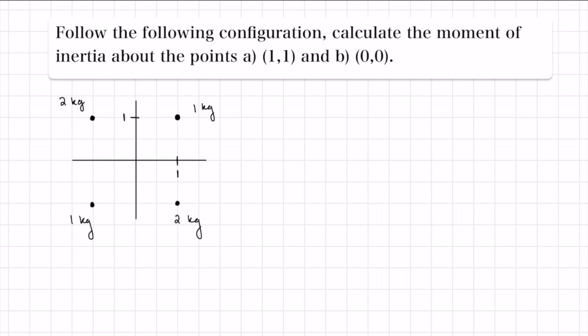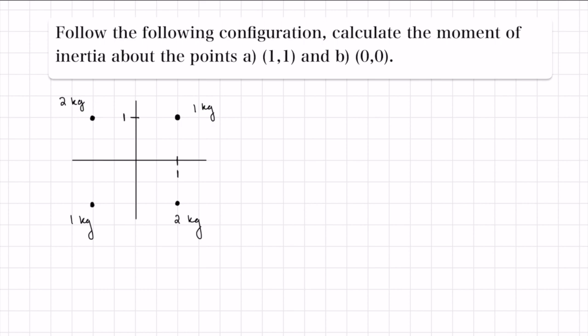For the following configuration, calculate the moment of inertia about the points A, (1, 1) and B, (0, 1). So we've got our masses listed out next to the points on our XY plane.